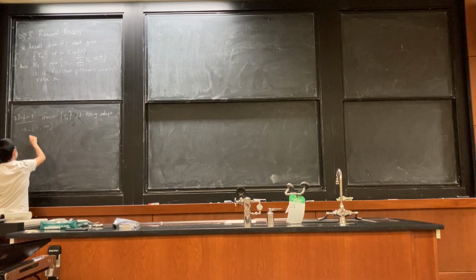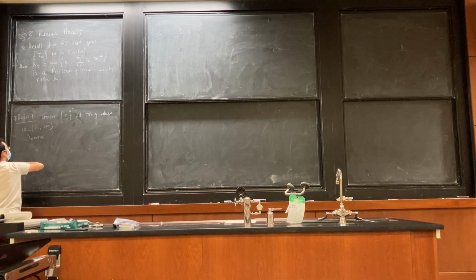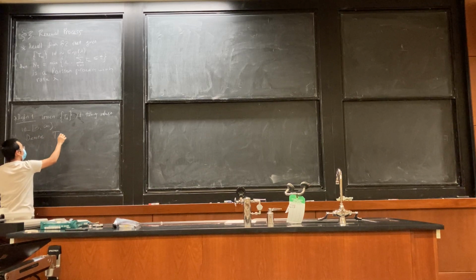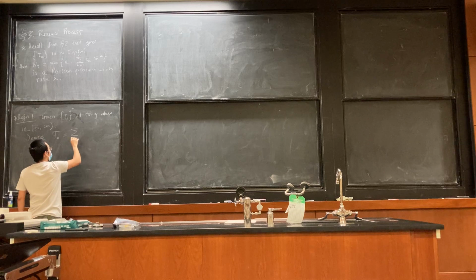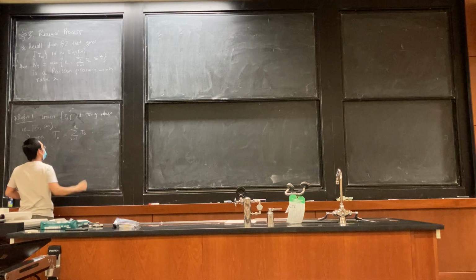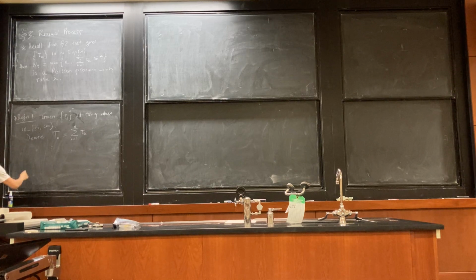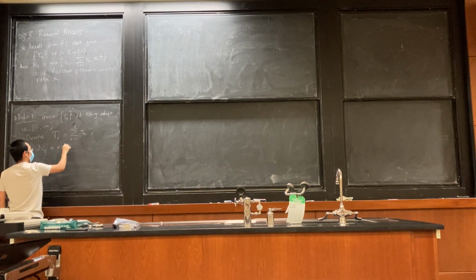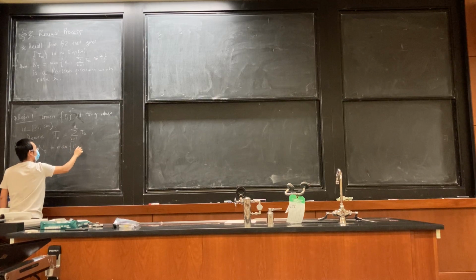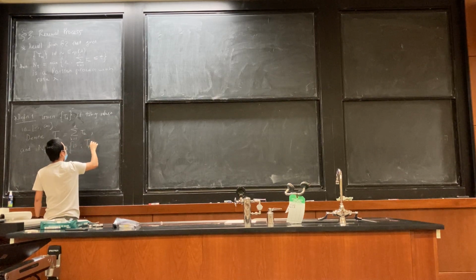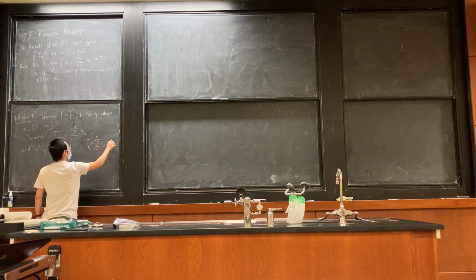Then as usual, let me denote T_n to be the summation from 1 to n of tau k, and N_t is again the maximum n such that T_n, the summation from k equals 1 to n of tau k, is less than t.